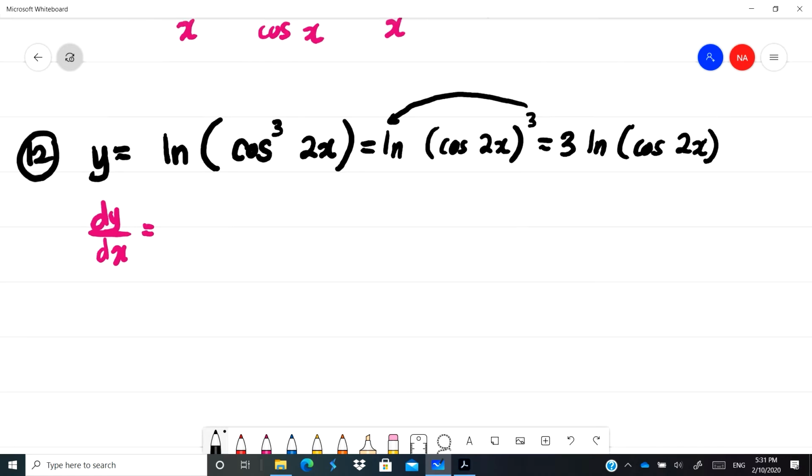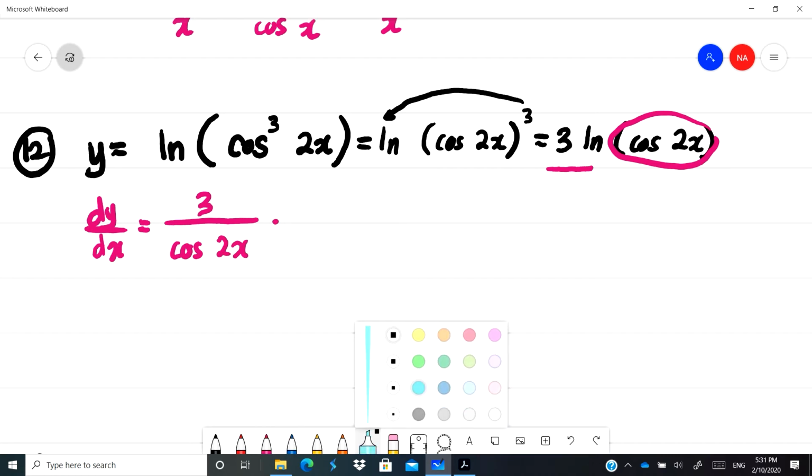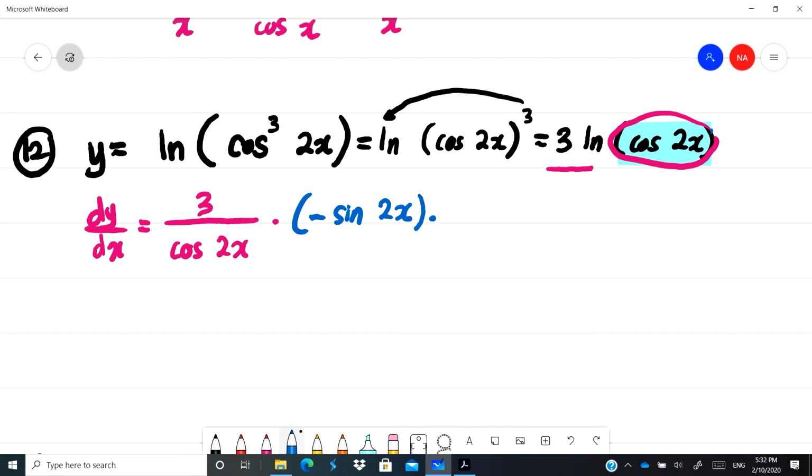So this is easier for you to differentiate. Firstly, we're going to differentiate this ln, so 3 over the whole thing inside the bracket, so cos of 2x, and then you have to differentiate the one in the bracket, which is cos of 2x. Firstly, differentiating cos will give you negative sine of what? Negative sine of 2x, and then you have to differentiate the 2x.